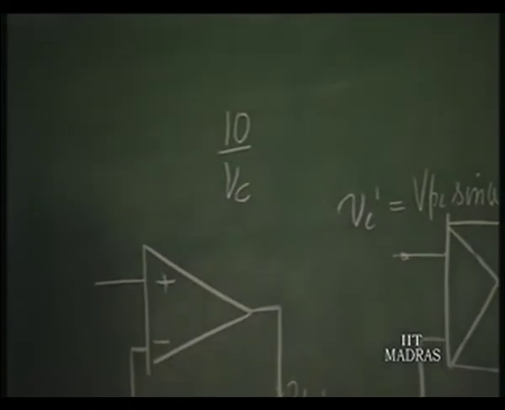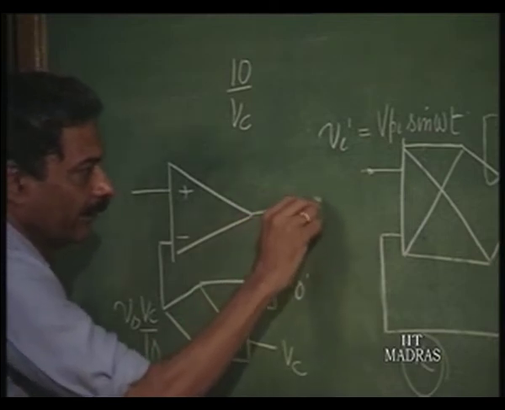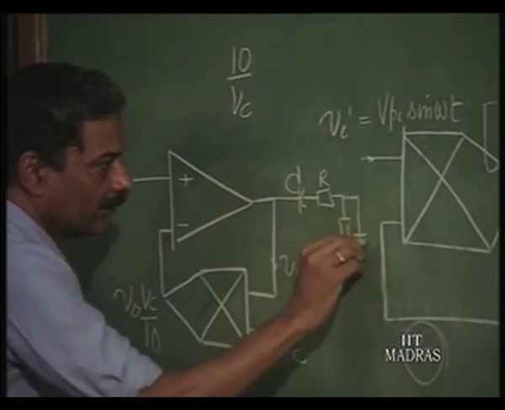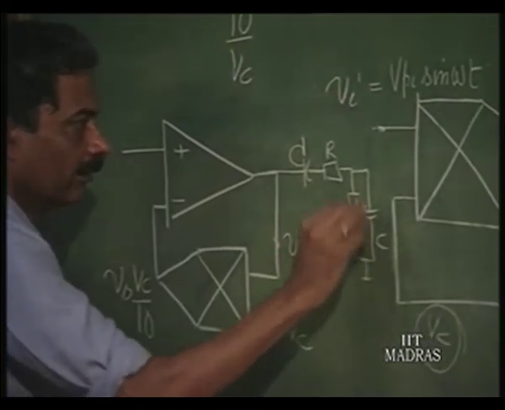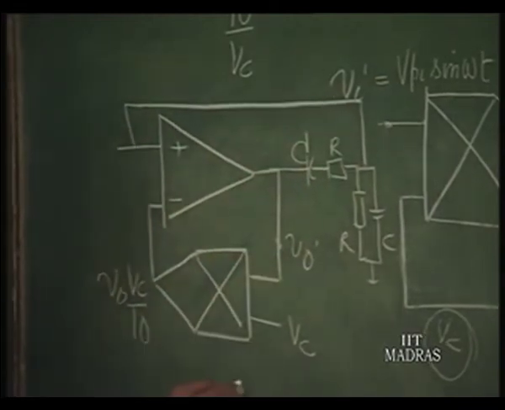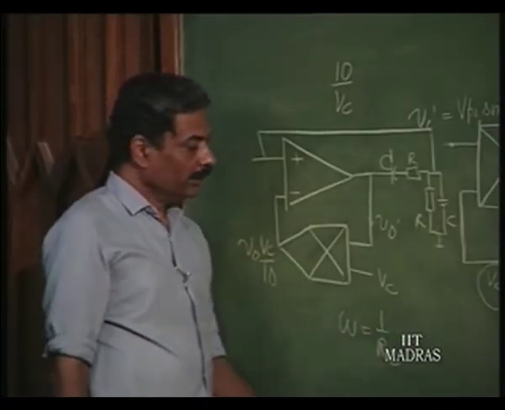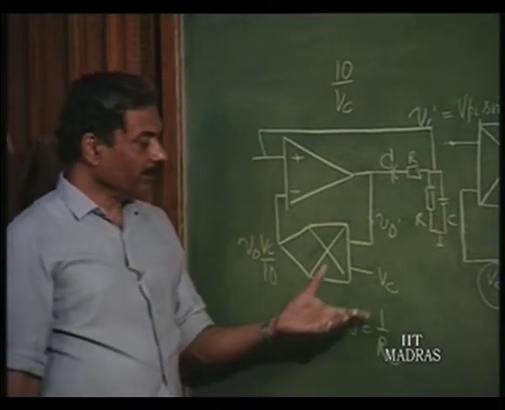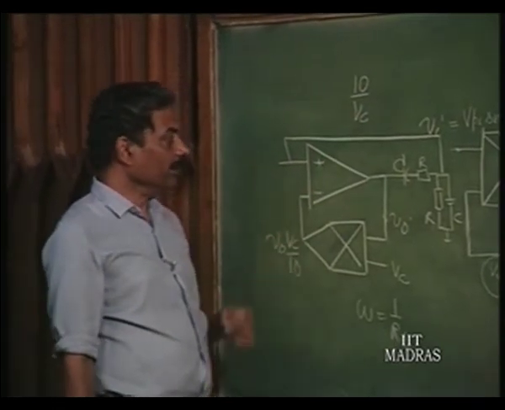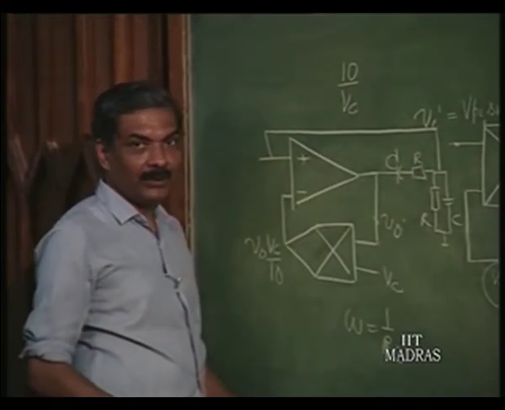So, this particular thing therefore can be used with a Wien bridge oscillator like this, R, C, and then positive feedback. So, it is supposed to oscillate at omega equal to 1 over RC, and gain is equal to 10 over Vc, because beta is Vc over 10, and therefore, initially the gain should be such that it is able to oscillate.